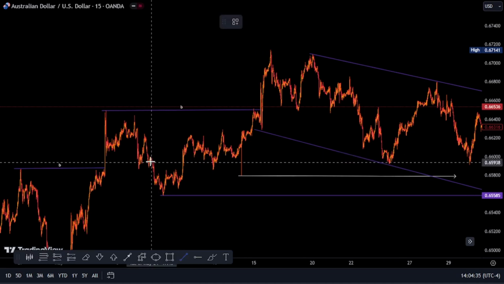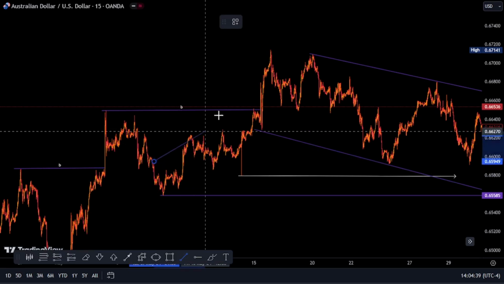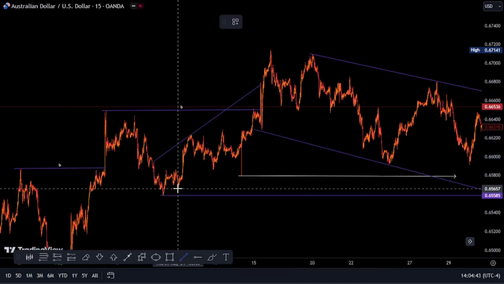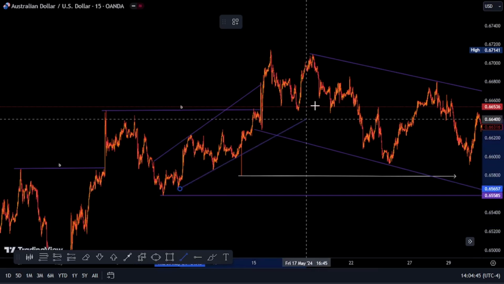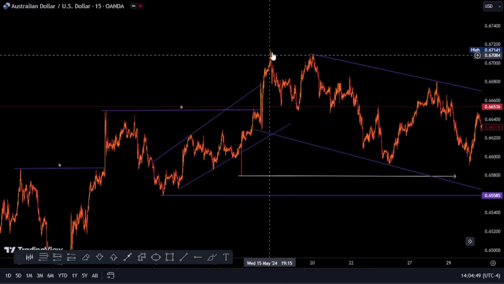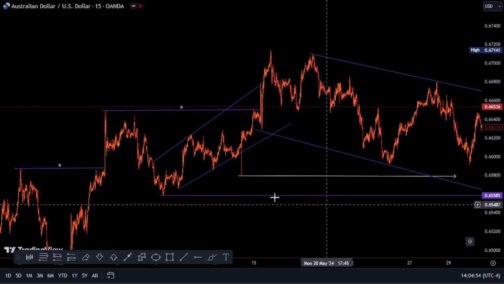There is always, in small or big forms, this. Tell me what you see here. You understand? It comes back in, it gives you a double tap, it goes back.